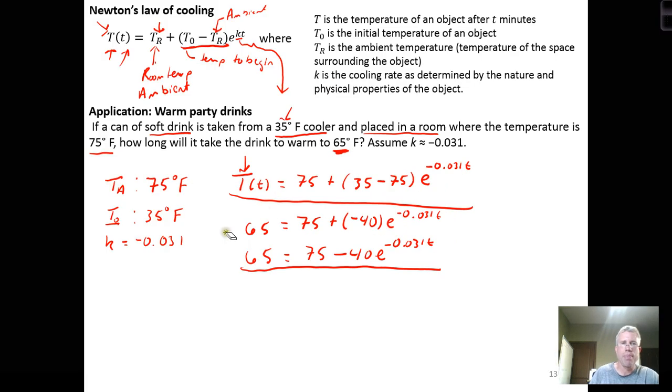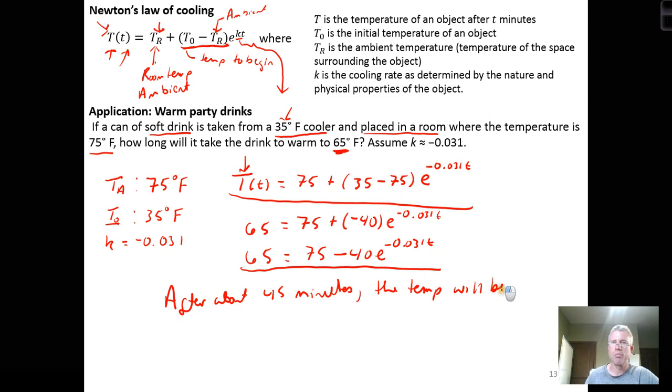We say after about 45 minutes, the temp will be about 65 degrees.